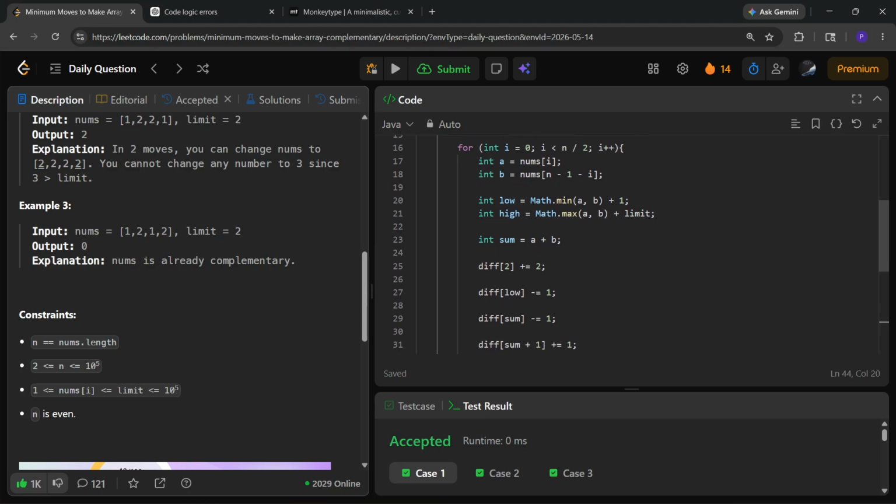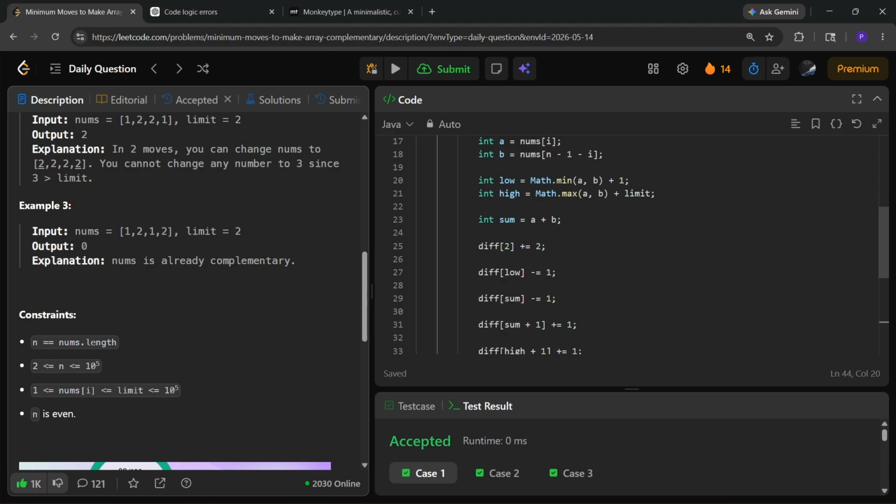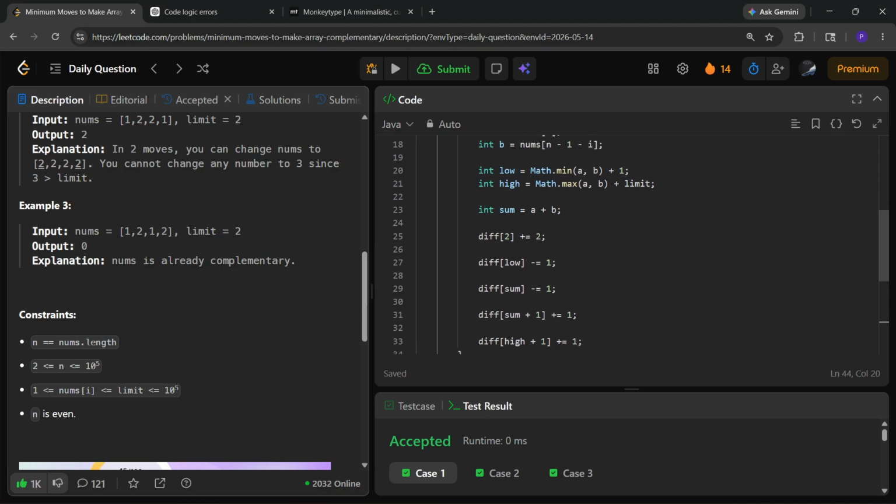Okay, I take the max, now I take a low and a high. The low is 1 plus 1, that's 2. The high is the maximum plus the limit, so the high is 7. So 2 comma 7. Then what is going to happen? I assume that difference of 2 plus equals 2. Difference of low is -1, so low is 2, that is -1 now.